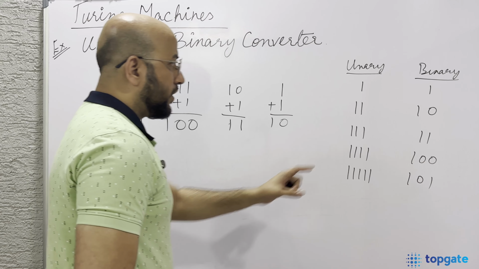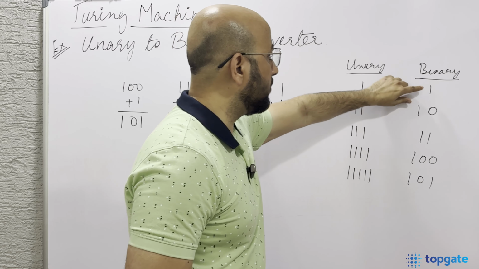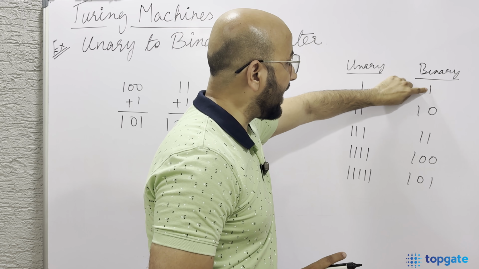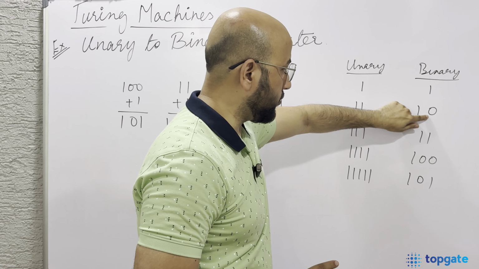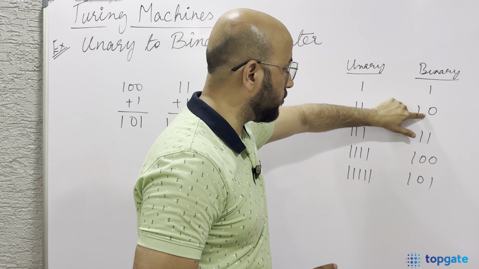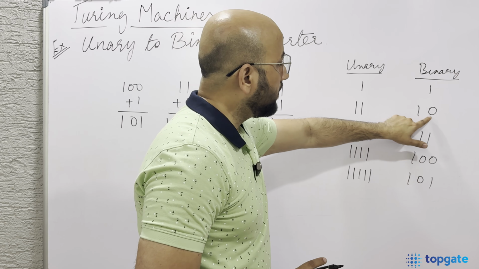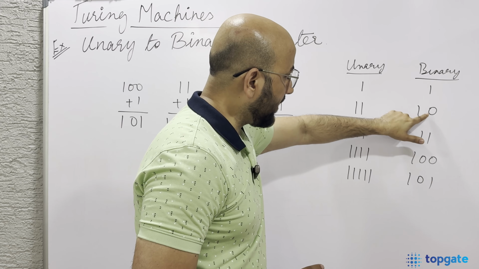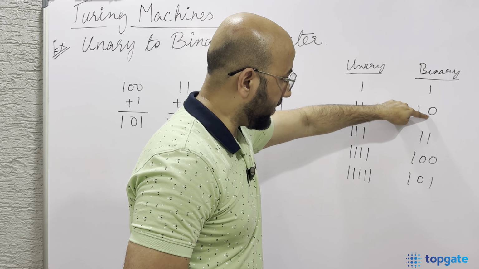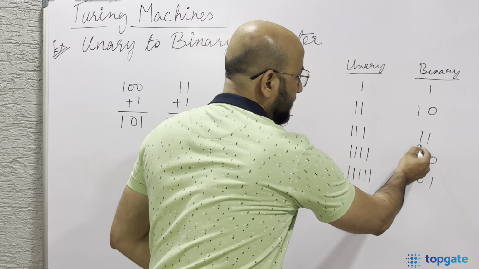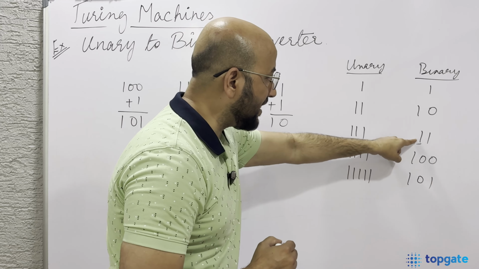Now if you observe this, you can see that when I saw 1 and added 1 to it, I got 0 here. That means 1 was changed to 0 and 1 was carried forward. Clear? Again, when I have 0 and I add 1 to it, 0 was changed to 1, and the number to the left is again the same 1.